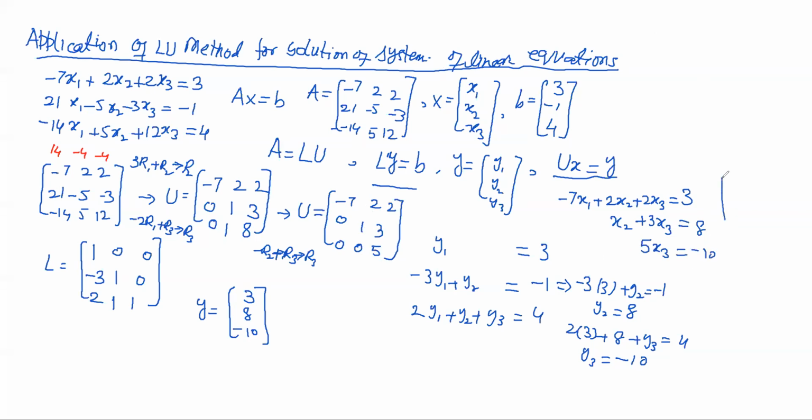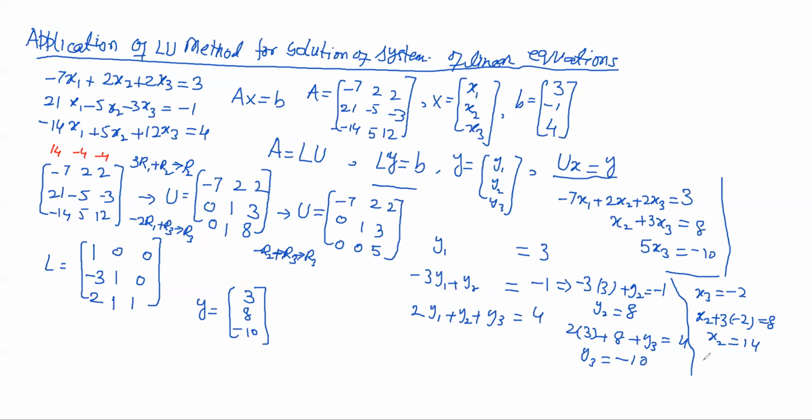So from here we can find x3 is equal to -2. Then x2 plus 3 into -2 is equal to 8, so from here we find x2 is equal to 14.